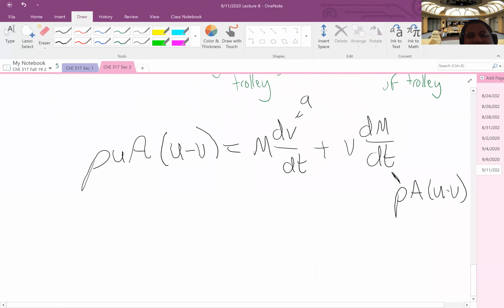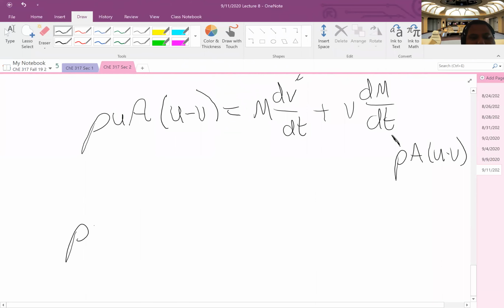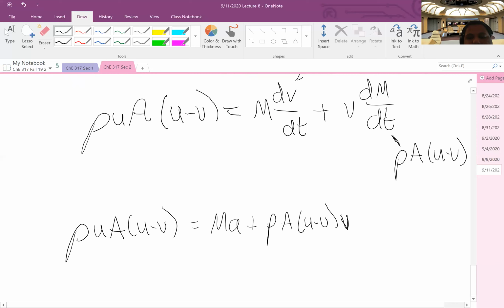And so what we have when we combine these concepts is rho A (u minus v) times (u minus v) equals the mass times acceleration plus rho A (u minus v) times v.